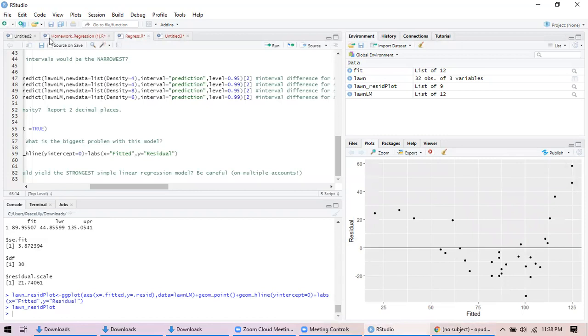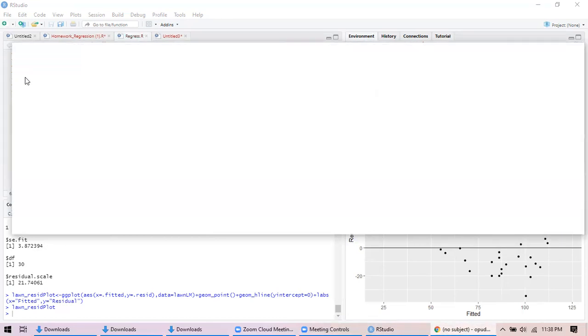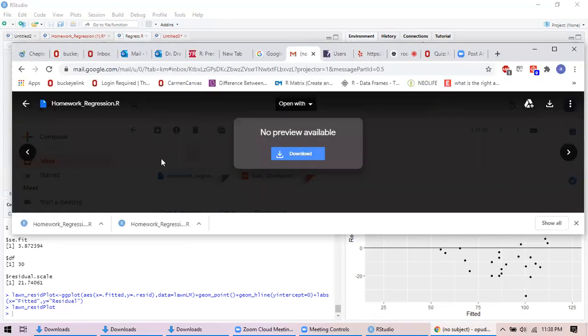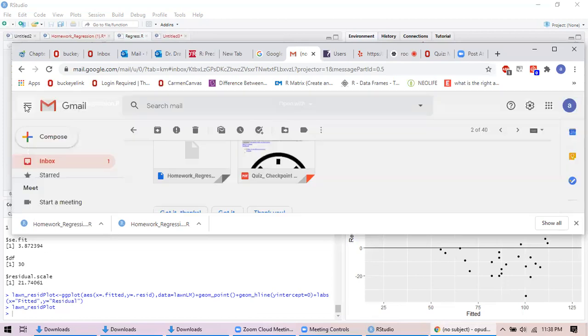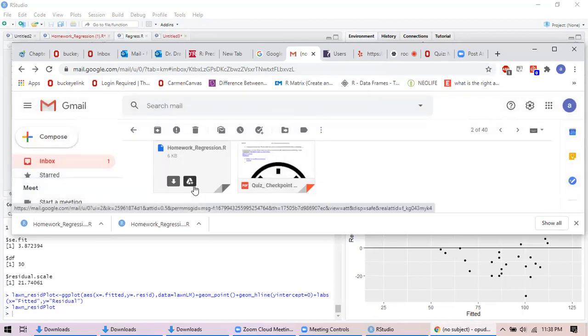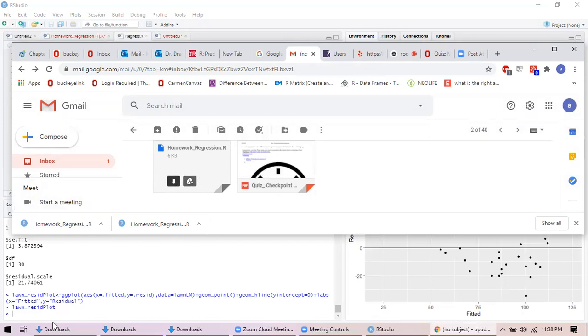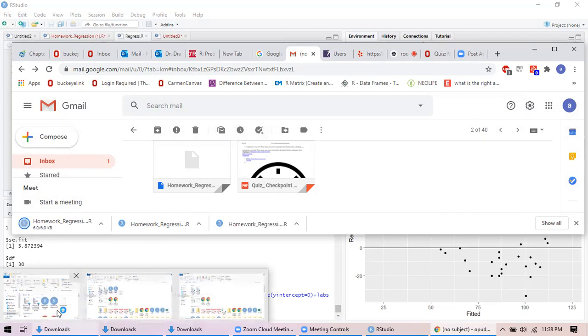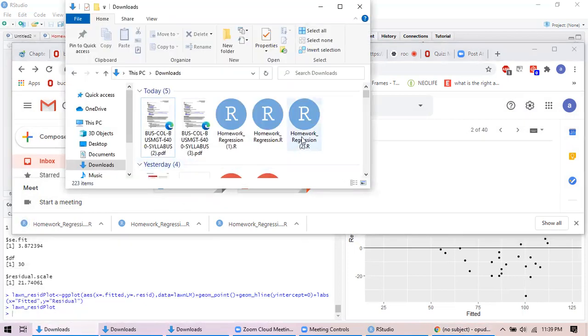I hope it doesn't take the R away. Oh, okay, I see what it is. Okay, just save it. Yeah. Download.